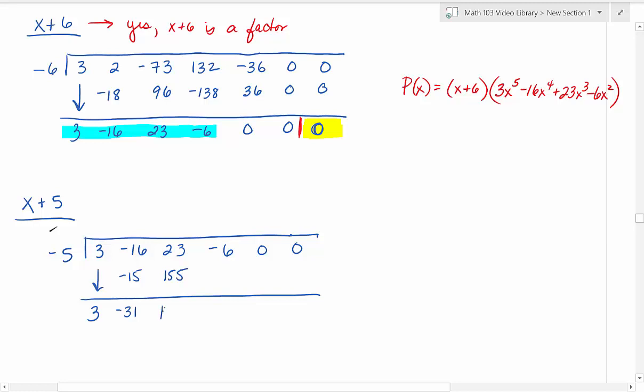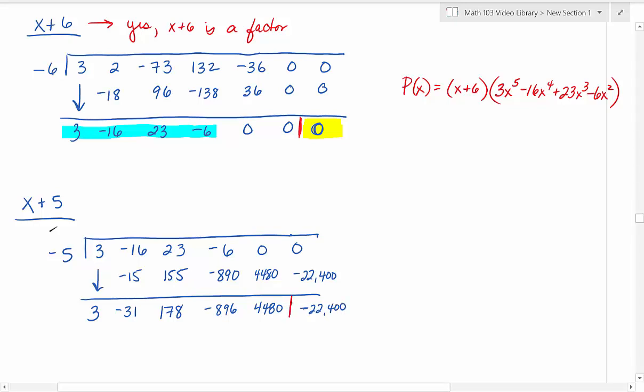Adding down, it's 178. Multiply that by negative 5, it's negative 890. Adding down, negative 896. Multiply by negative 5, it's 4,480. Add down, we get 4,480. Multiply by negative 5, that's negative 22,400. Add down, we get negative 22,400.